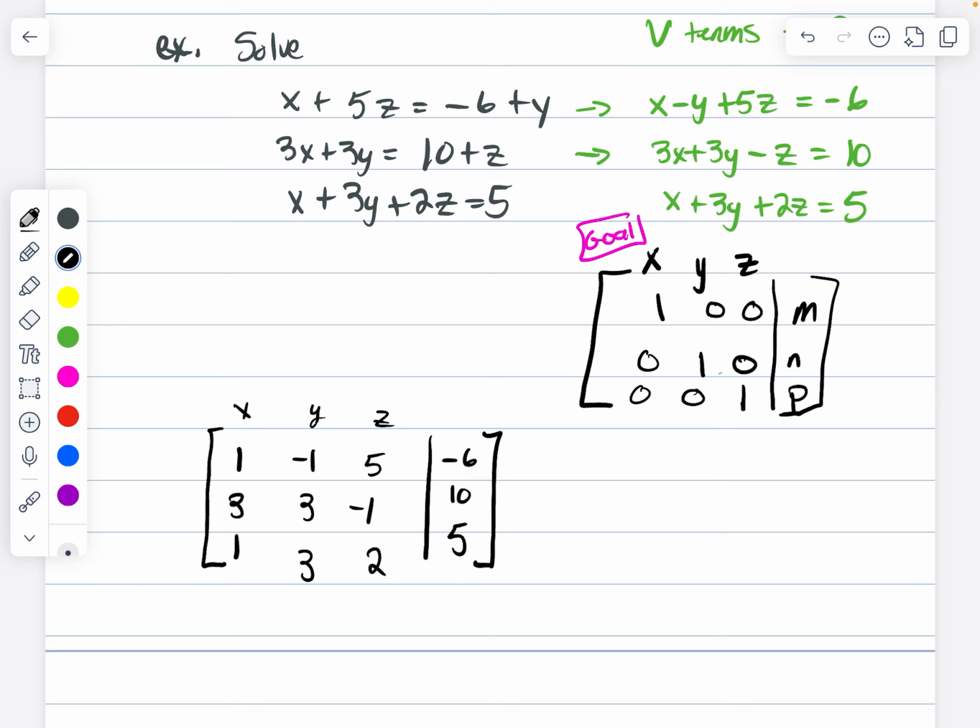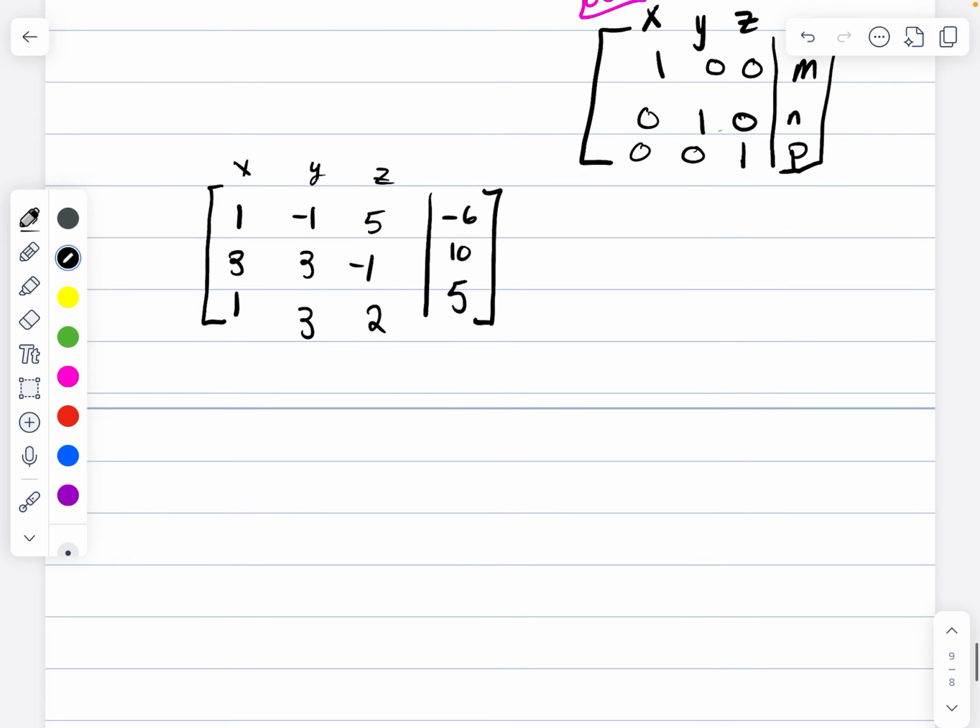All right, so now we've made our augmented matrix, and now comes the task. First off, we want to make these zeros. After that, we're going to see what we can do about making these zeros, and then after that, these zeros.